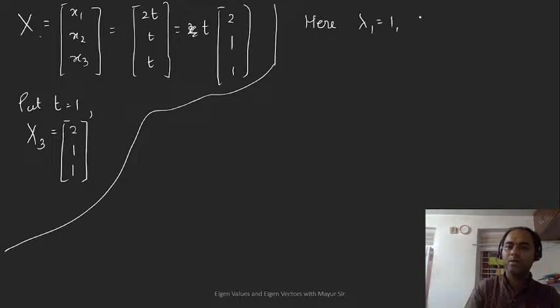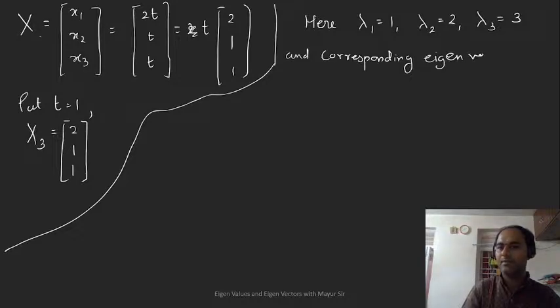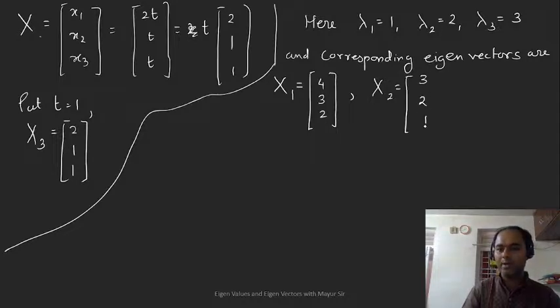Lambda 1 is 1, lambda 2 is 2, lambda 3 is 3, and corresponding, see, this word corresponding is very important in mathematics, because it tells you for lambda 1 you have x1, corresponding eigenvectors. x1 is, we had got, 4 3 2, x2 is 3 2 1, and x3 is 2 1 1.